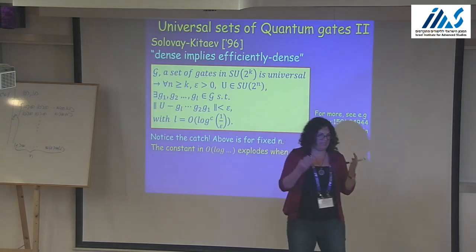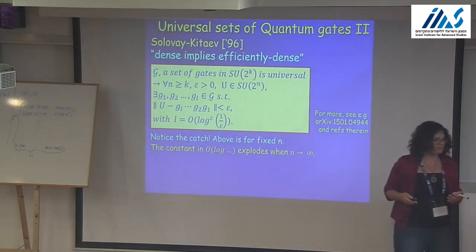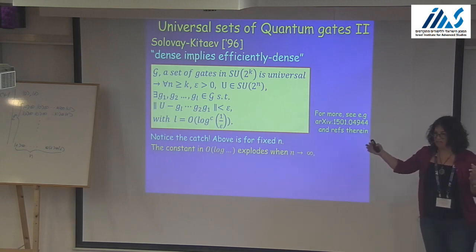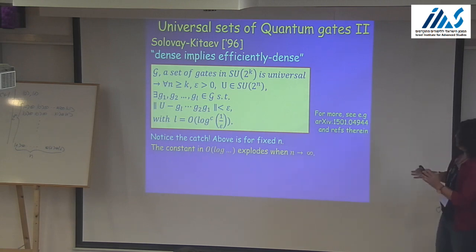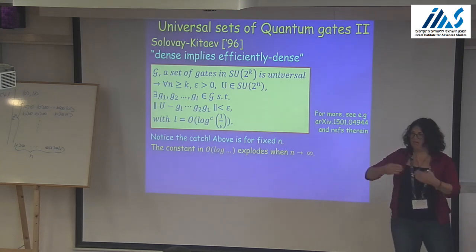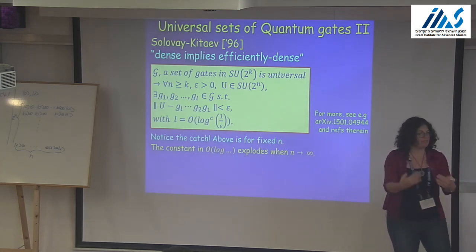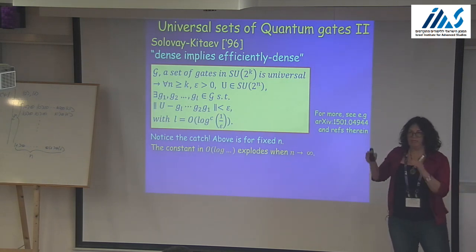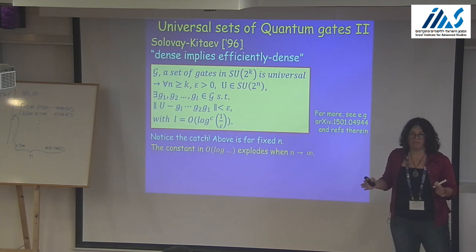And this makes sense because just the counting argument tells us that this is impossible for n being very large. As long as n is constant, you can move between a unitary and gates from a universal set that approximate it very easily without too much overhead. But if n is large, this is impossible.